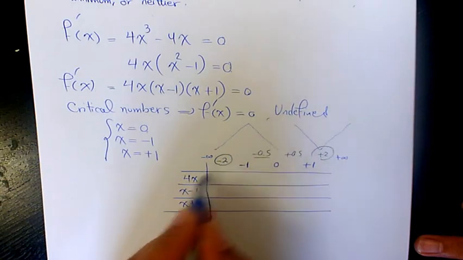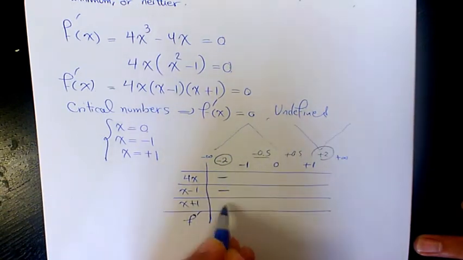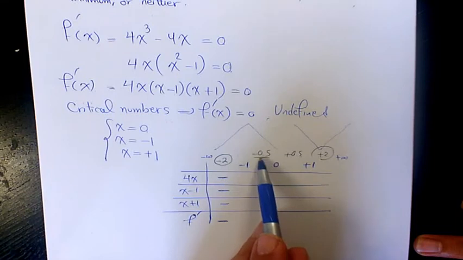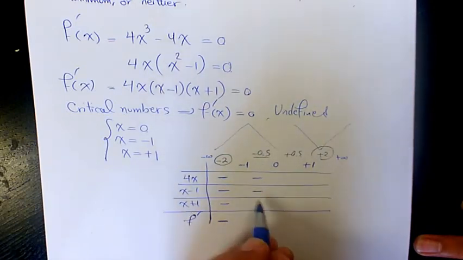So when you substitute negative 2, it is going to be negative: negative times negative times negative is going to be negative. Then you have negative 0.5 times 4, negative, negative, positive. So negative times negative times positive is going to be positive.